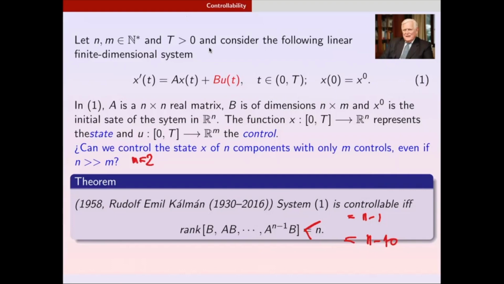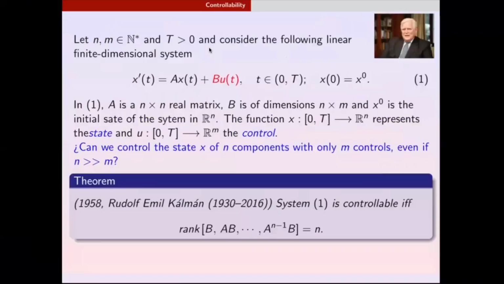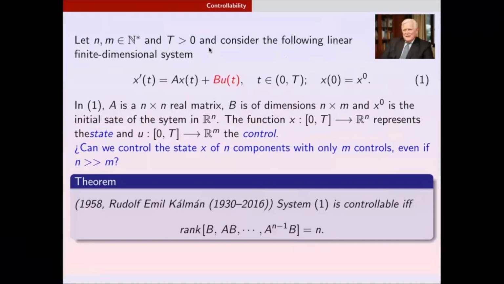When m is equal to 2, the control B now is a matrix which has two column vectors, B1 and B2, right?